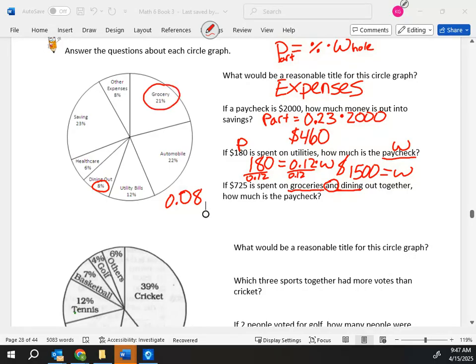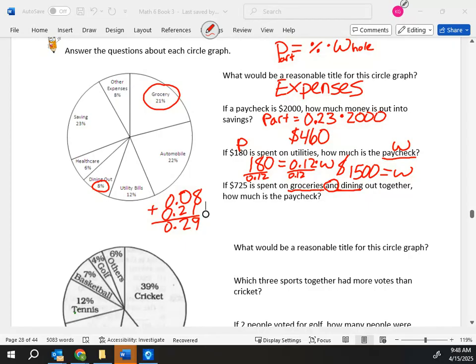That grocery percentage is 0.21. I need to add those together to see how much, because it says together. So I need to add them together. So that gives me 0.29. So I could have just said 21% plus 8% is 29%. That gets me that 0.29. So now I know what percentage to work with.